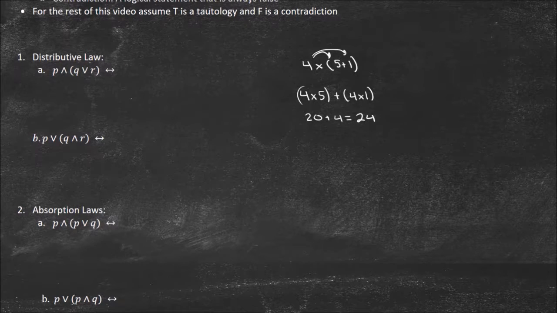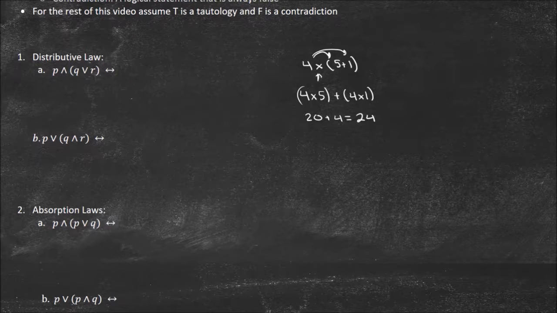But what I wanted to show you was this way, because that's how we do the distributive property when it comes to logic. What we did is we distributed the sign that's here to the first one and the second one, so 4 times 5 and 4 times 1. And then we left what was being added right there.